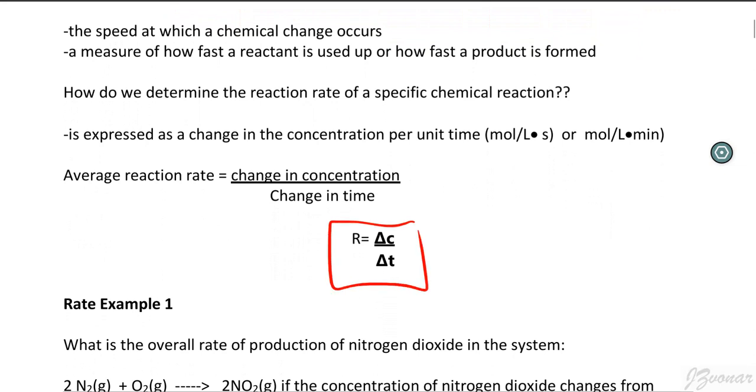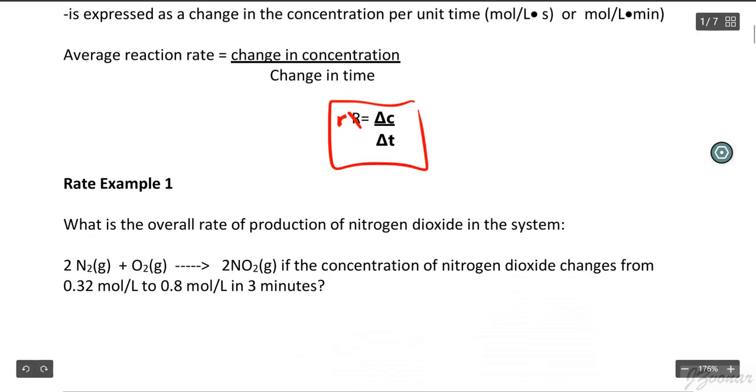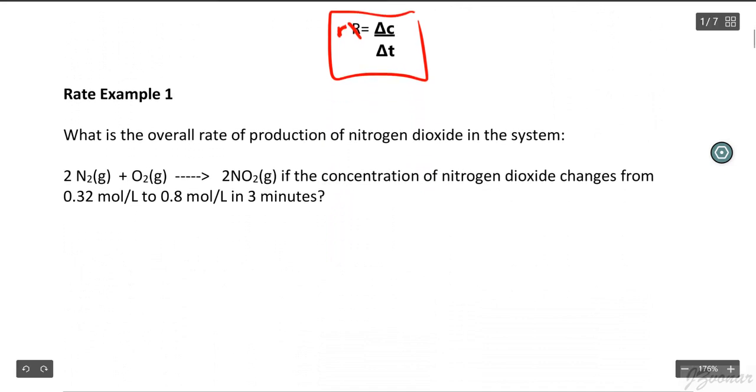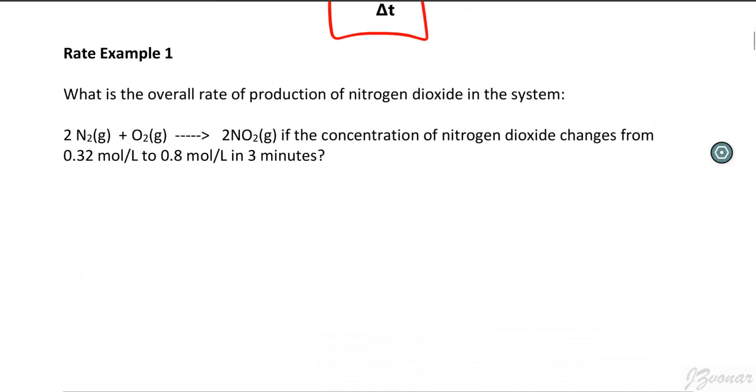A little bit of a typo here. It should actually be a little r, not a big R. Okay, so little r is equal to the rate. That's the variable that we use. And C represents concentration in moles per liter, and t can either be in seconds or minutes, usually the unit of time used. So let's take a look at our first example to use this particular formula.